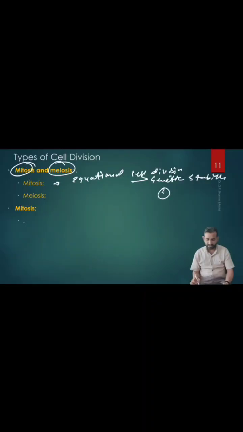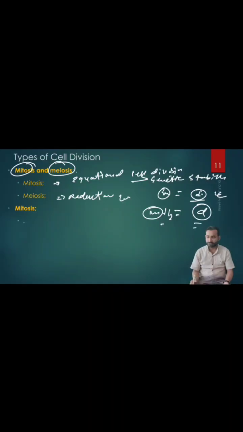That means the mother cell is equal to the daughter cell. But meiosis is reductional cell division. Only half of the mother cell's genetic material is passed to the daughter cell, because the genetic material becomes half.